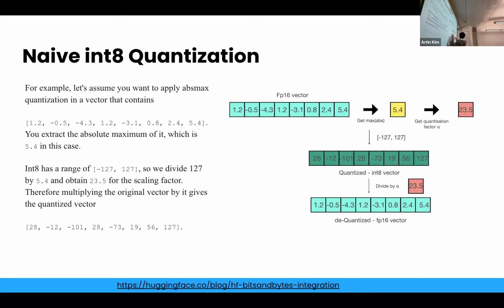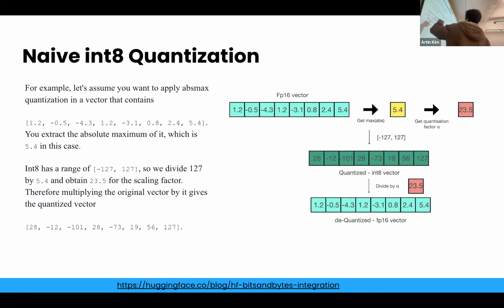Again, that's the range. So if you have these numbers, you find that the max value I have is 5.4. Then I have this range from negative 127 to 127, because that's 2 to the 7, negative 2 to the 7. Then you divide 127 by that largest value.